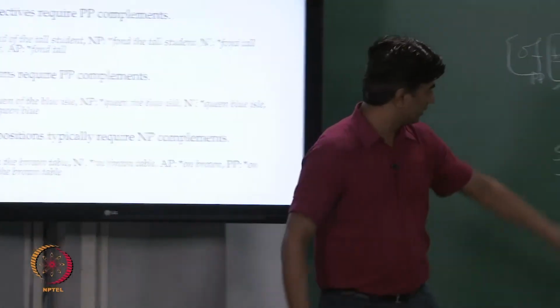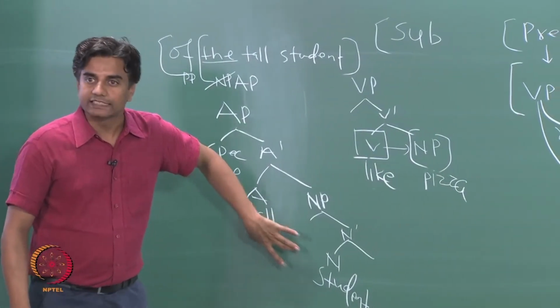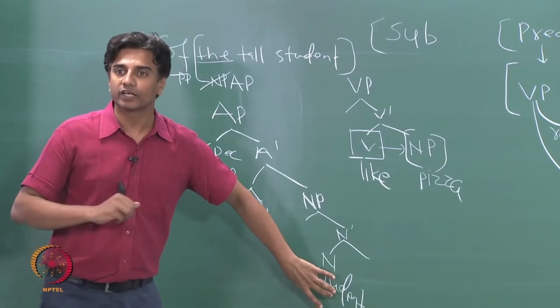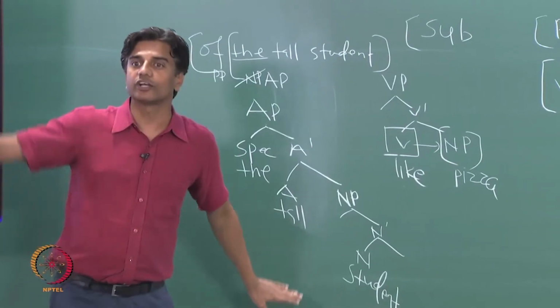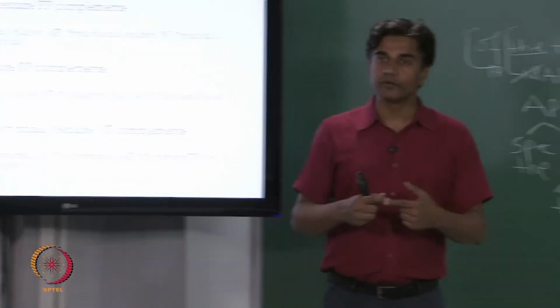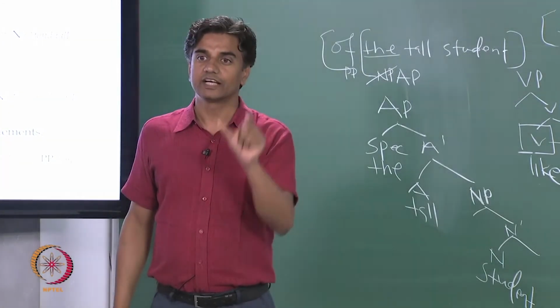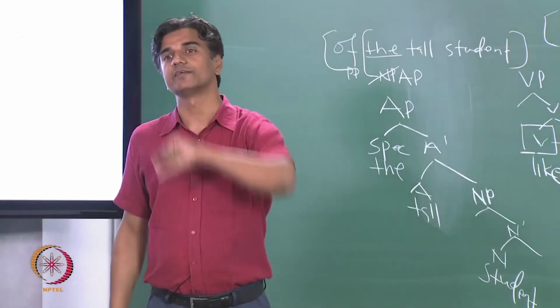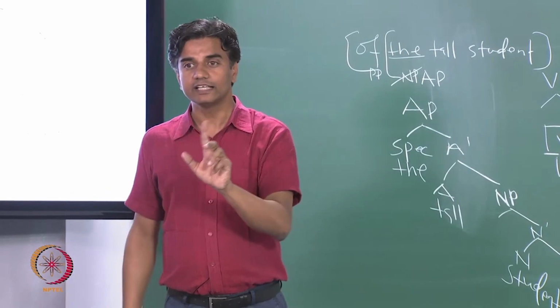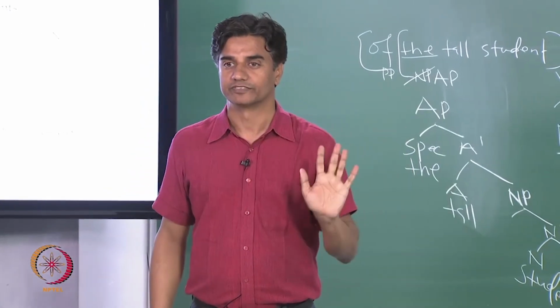By "tall" taking an NP as a complement, what I am trying to tell you is this does not contradict that one, because we are talking about certain types of adjectives requiring only certain types of complements. We are not saying all adjectives are going to take only PP as complements.